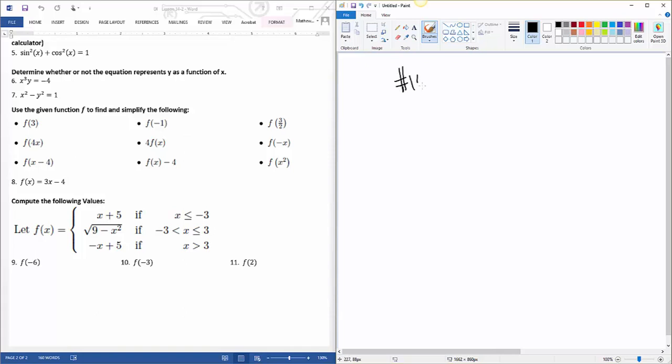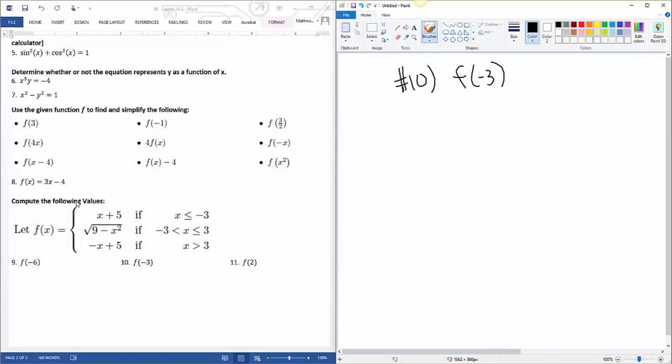So on number 10, it says f of -3. I need to look at where f of -3 exists. Well, it doesn't exist here because it has to be greater than 3. Maybe here, but it does say -3, and it can't include it. Here it says x is less than or equal to -3, so this is the graph that I use.